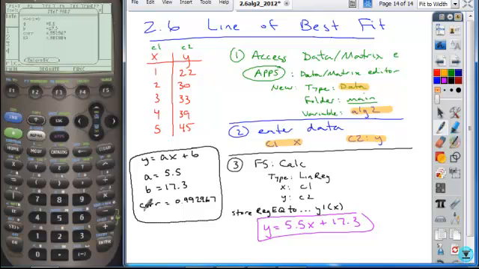And now this value right here is the correlation coefficient. The correlation coefficient basically states how likely it is that the data actually fits well on the line.